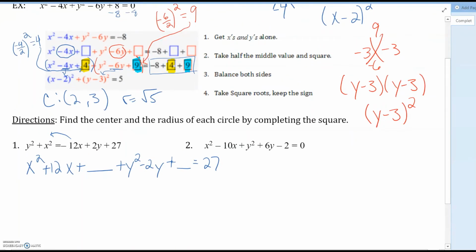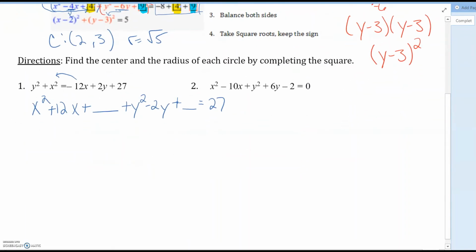Go look up, take half the middle value and square it. Half of 12, so I do 12 divided by 2 and square it, which is 6, which is 36. What I do to the left, I must always do to the right. If I add 36 here, I need to add 36 to the other side.